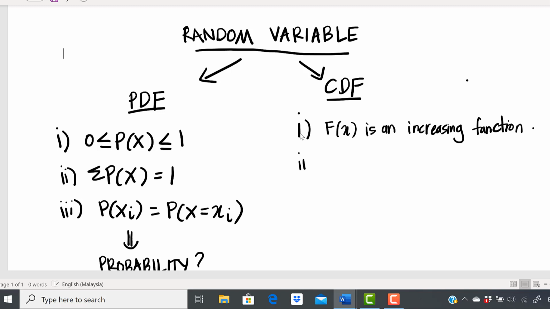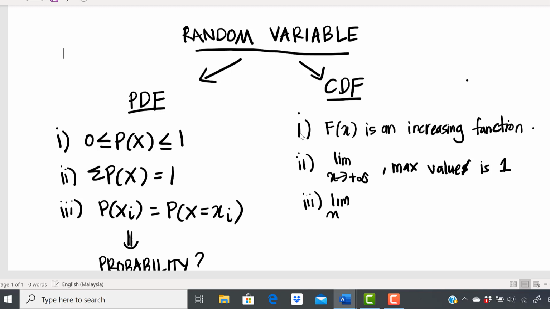The second property is that as the limit of x approaches positive infinity, the maximum value is 1. Then when the limit of x approaches negative infinity, the minimum value is 0.